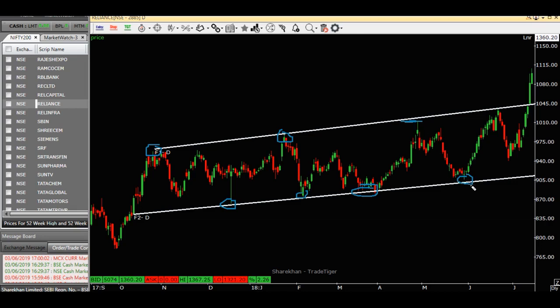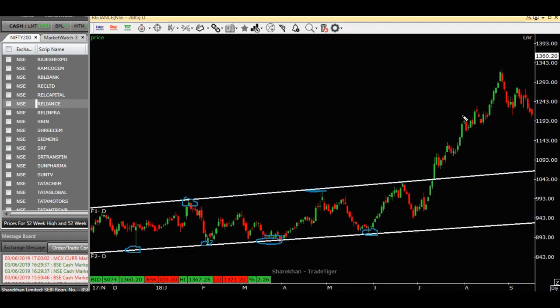Now again, when it comes to the lower end of the channel, I can enter long here with the upper end of the channel as my target. And now when it comes to the upper end of the channel, I can enter short here with this as my target. But in this case, it would not hit and our stop loss would go and hit, which is absolutely fine.